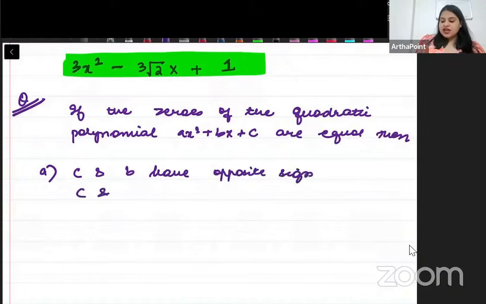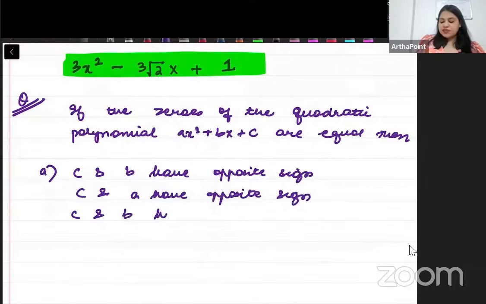Second, c and a have opposite sign. Third, c and b have same sign. Fourth, c and a have same sign.